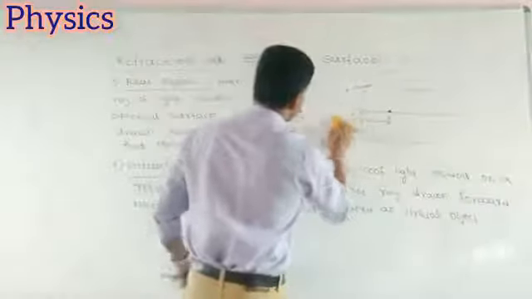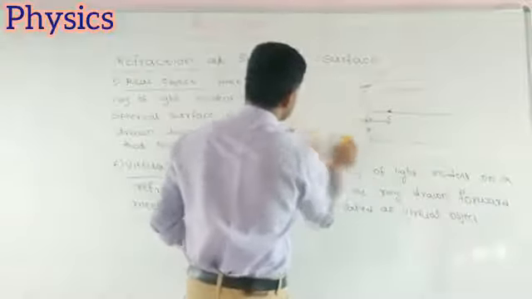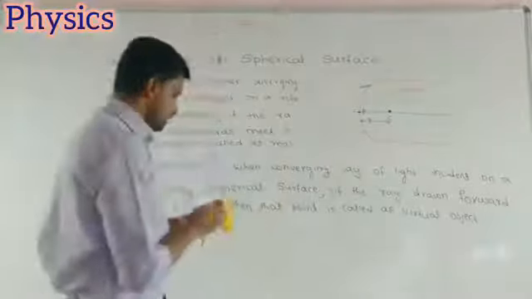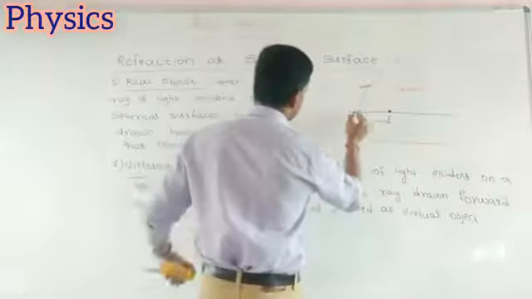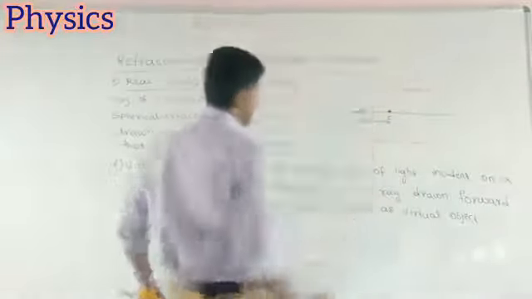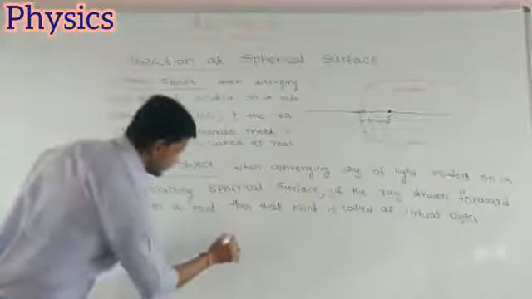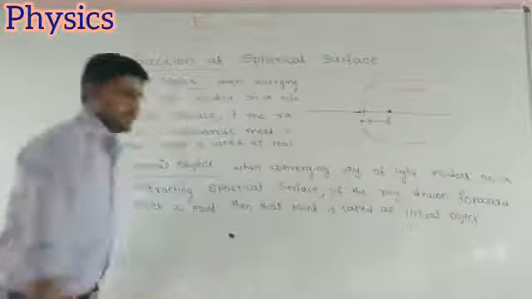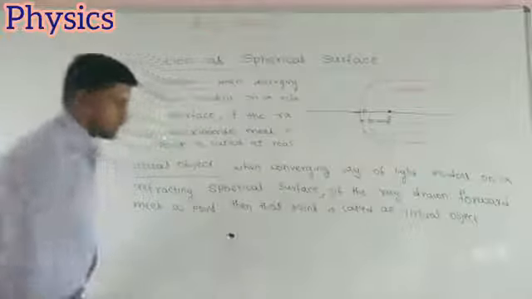First, in this case you should incident a converging ray of light. Then what do you mean by converging ray? Suppose you consider this object, this is just an object, now it is not a source.